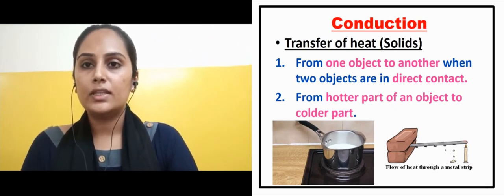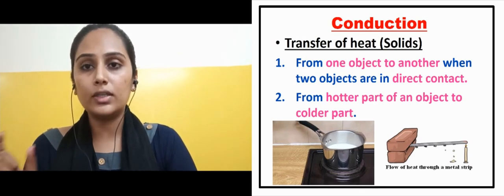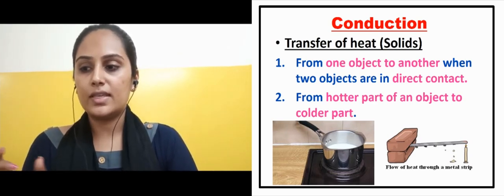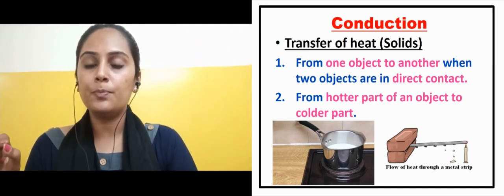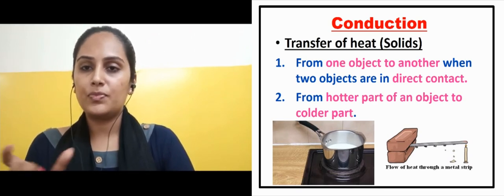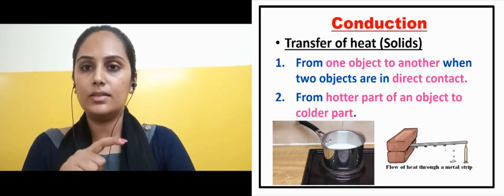Then second thing, the transfer of heat takes place from hotter part of an object to colder part of an object. As I said, from hotter part to colder part heat transfers, right? So see, in this image you can see that there are bricks and a metal rod is kept in between, and at one end a candle is there.